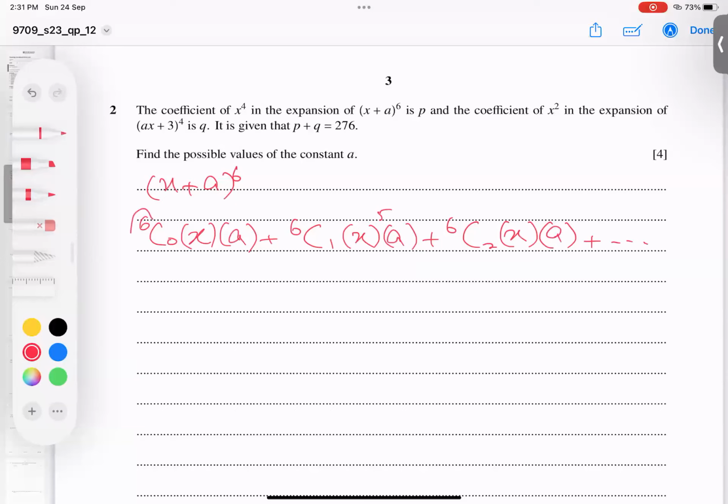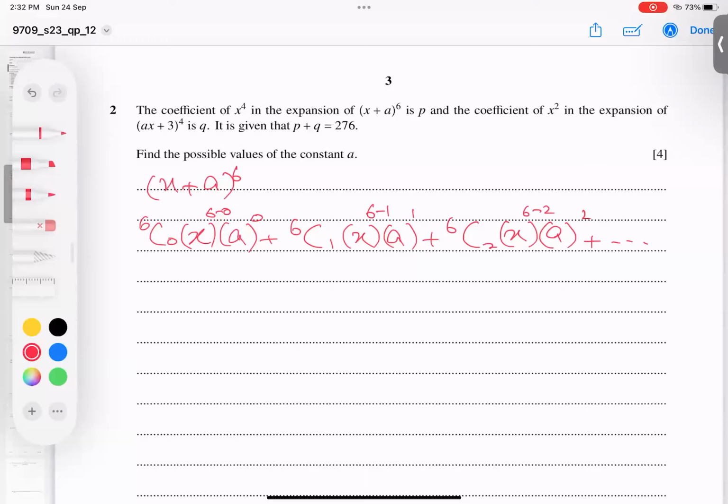The difference of 6 and 0 will come in the first number, and 0 will go directly in the second number. Again, the difference of 6 and 1 comes up, so I'm writing here 6 minus 1, and 1 comes directly here. 6 and 2 subtraction comes here, and 2 directly here.